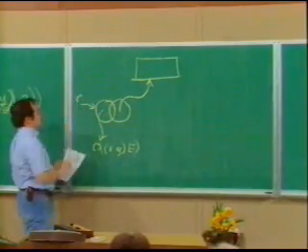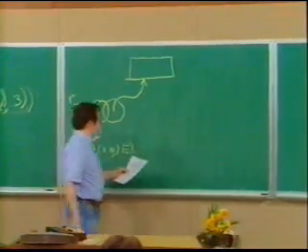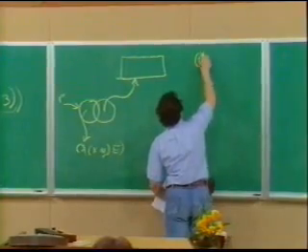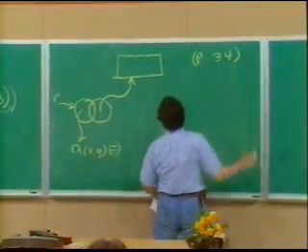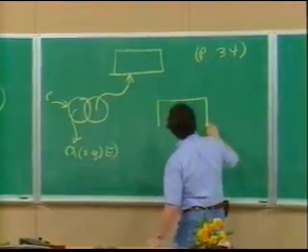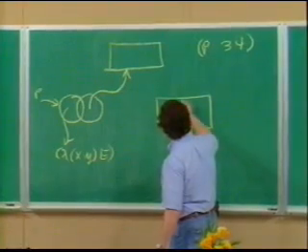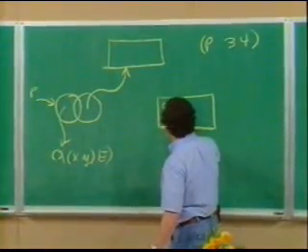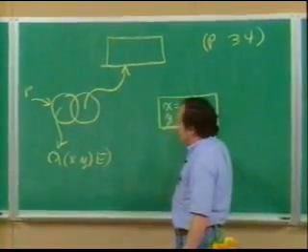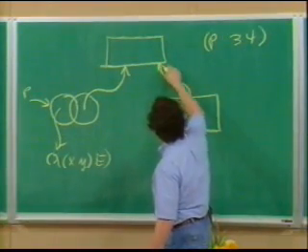We'll call it P. And I wish to apply that procedure to 3 and 4. So I want to do P of 3 and 4. Well, what I'm going to do, of course, is make a new frame. I build a frame which contains x equals 3 and y equals 4. And I'm going to connect that frame to this frame over here.